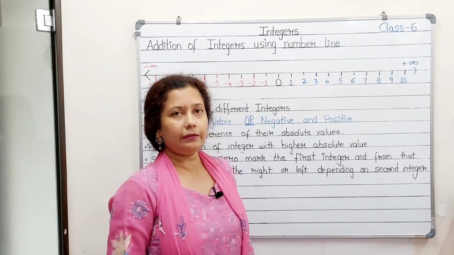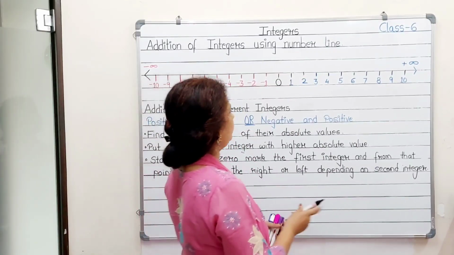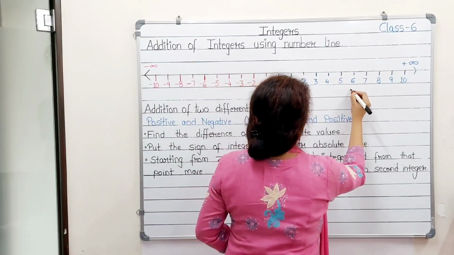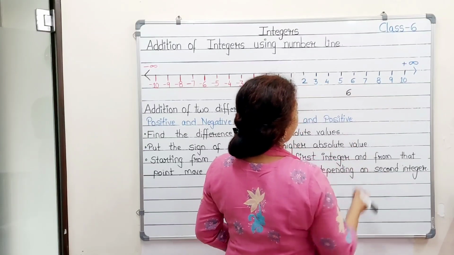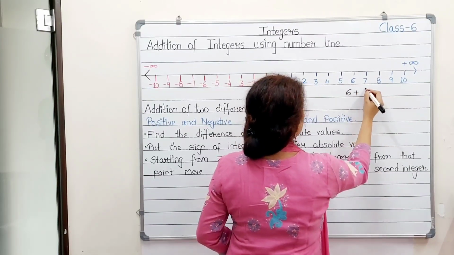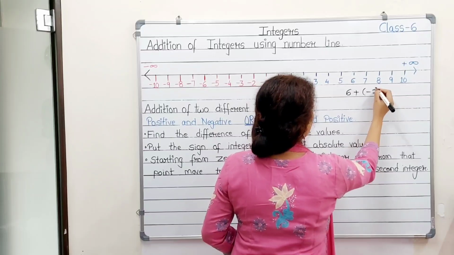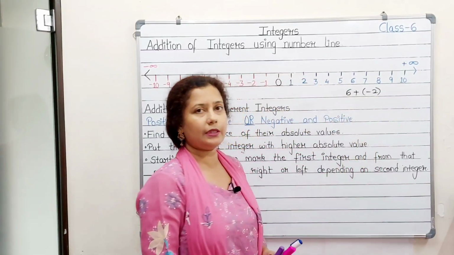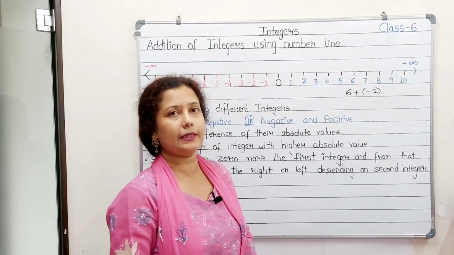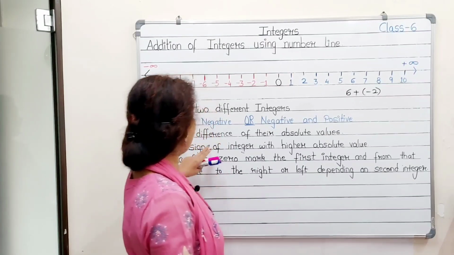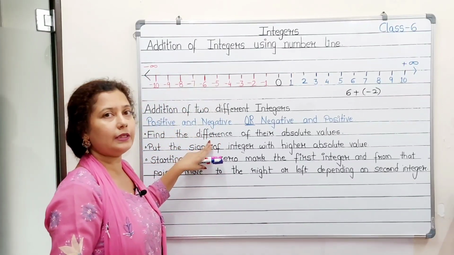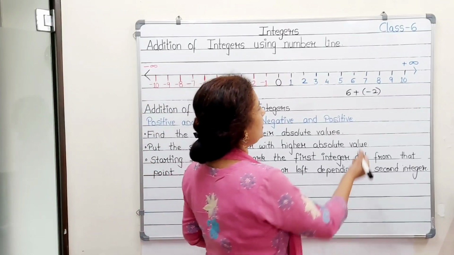One more example I will take. Positive plus negative. So your 6 is positive and -2 is negative. So again the first step, we have to find the difference of their absolute values.